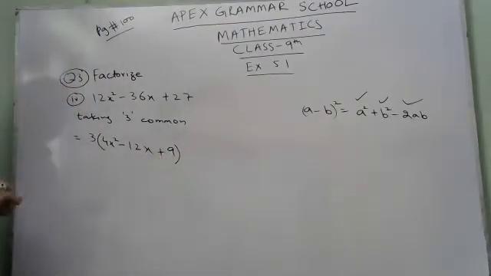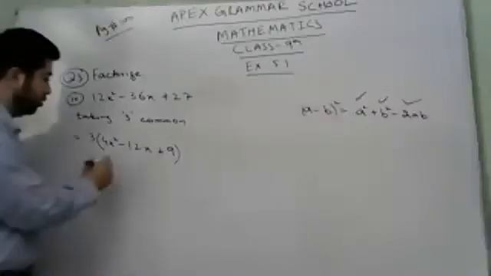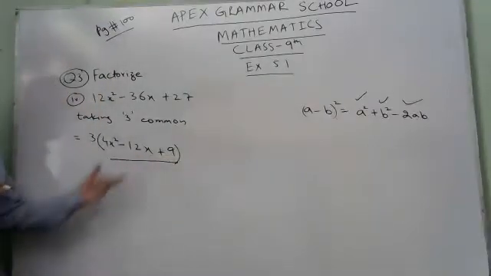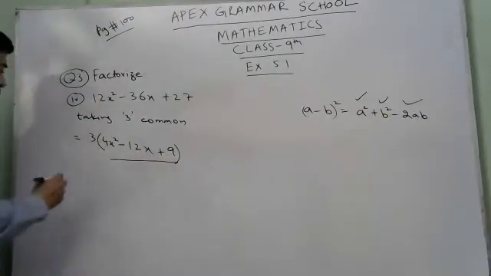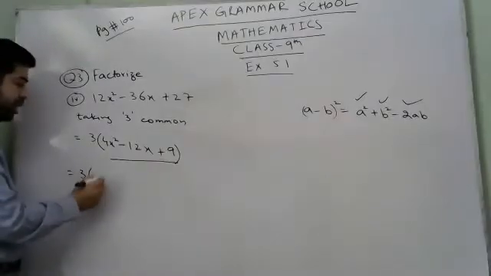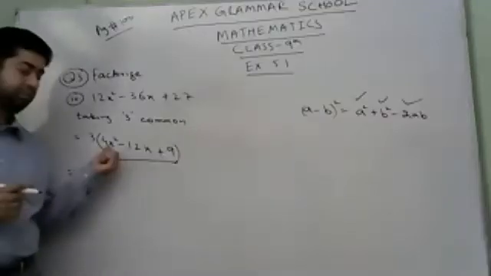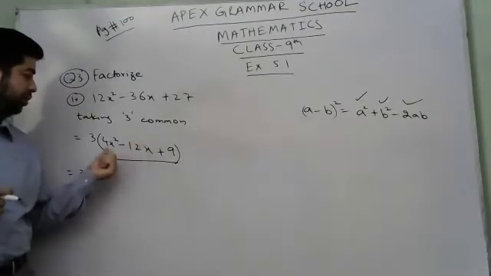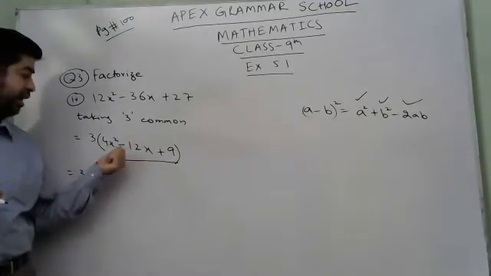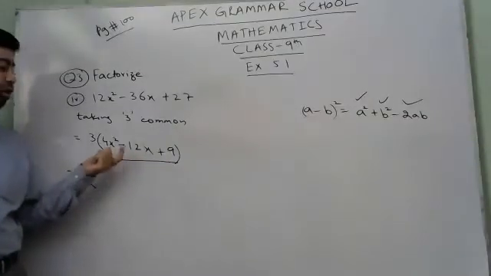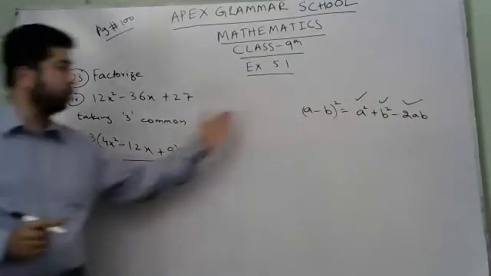Now, after taking this 3 common, you have to solve this part just like we have solved in the previous part. You have to factorize it again. You have to make it a formula. You can see that there is a negative sign inside this expression, so it can be this formula.